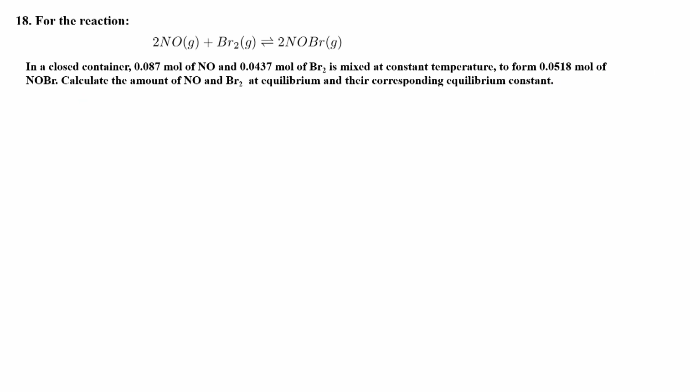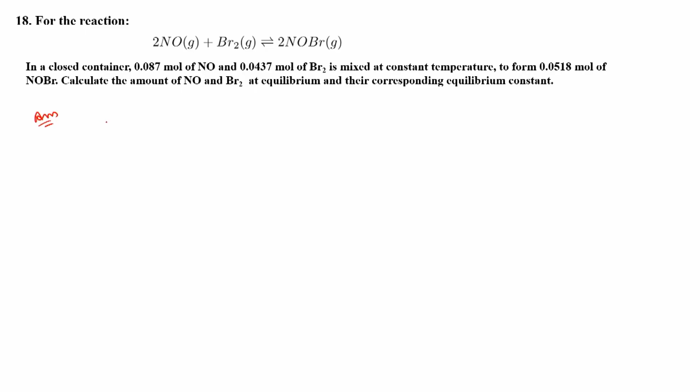It says for the reaction 2NO plus Br2 gives 2NOBr in a closed container, 0.087 moles of NO and 0.437 moles of Br2 is mixed at constant temperature to form 0.518 moles of NOBr. Calculate the amount of NO and Br2 at equilibrium and their corresponding equilibrium constants. Okay.